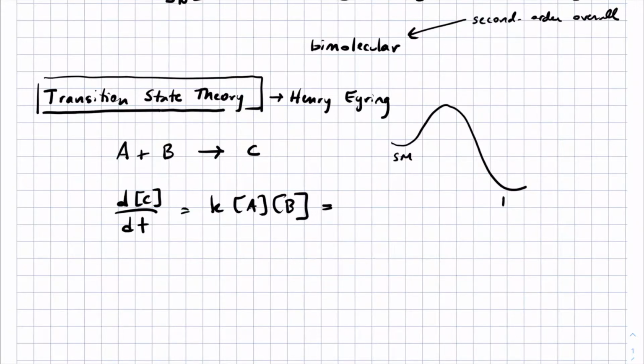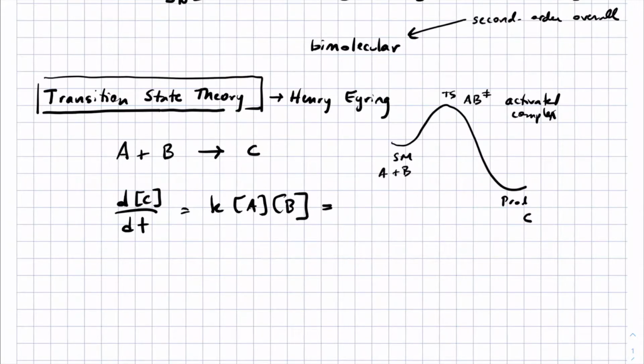Starting materials, products, transition states. This is A plus B. At the transition state, he envisioned something like that called the activated complex. Or, the two things come together, bonds partially broken and formed, and then you've got the new product C.